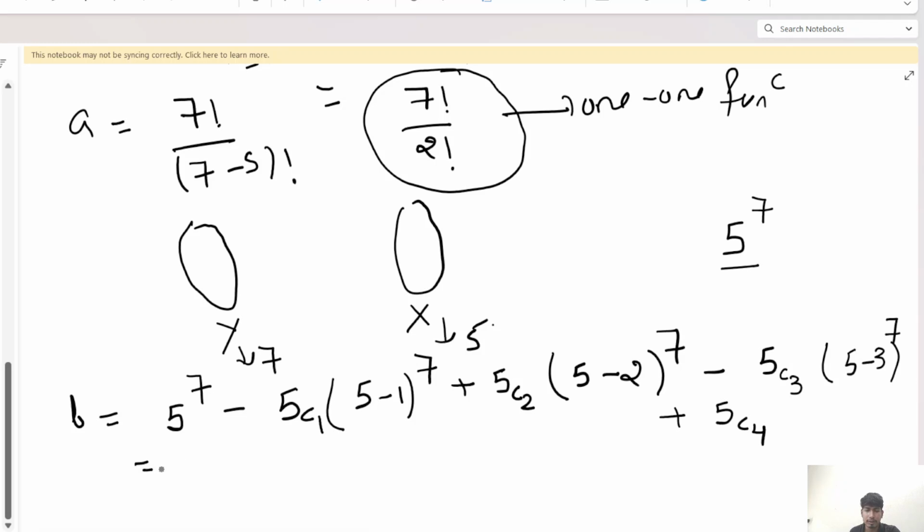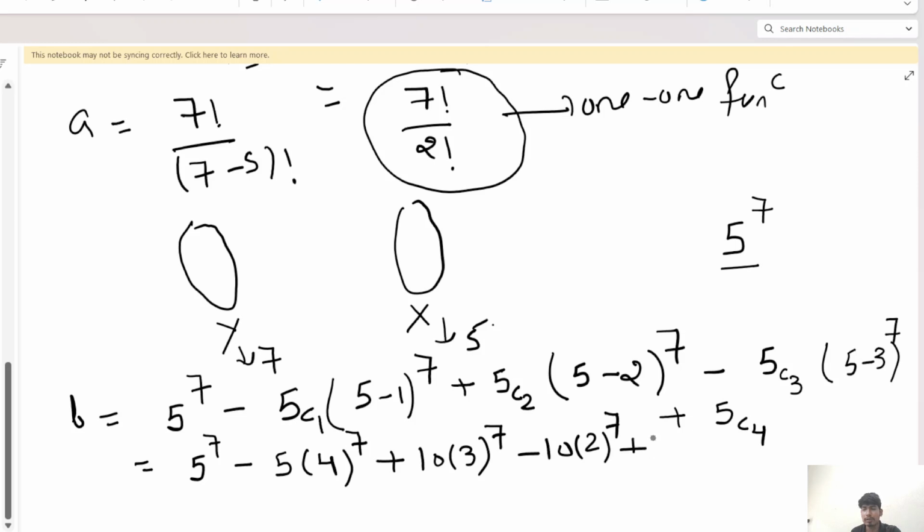So this is 5 to the power 7 minus 5 times 4 to the power 7, plus 10 times 3 to the power 7, minus 10 times 2 to the power 7, plus 5C4, which is 5. When we solve this, the number of onto functions is 16,800.